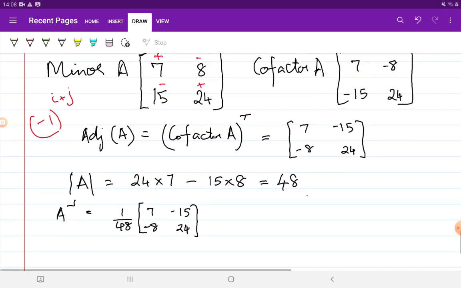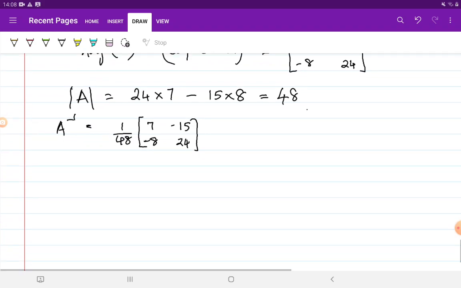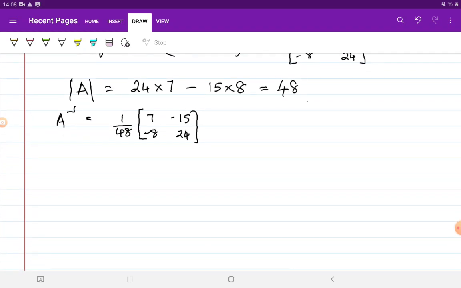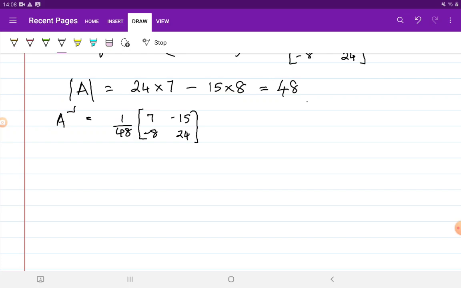Now, the second bit of the question is to verify whether A inverse into A is equal to I. So, A inverse into A: that's 1 by 48 into 7, minus 15, minus 8, 24.